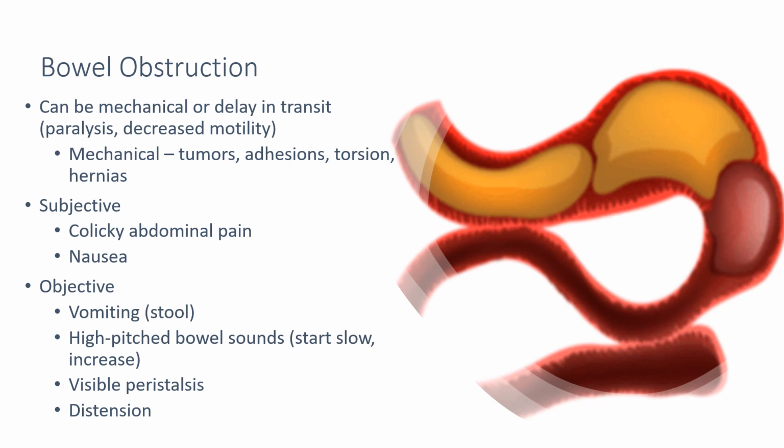Objectively, they'll have vomiting, and at some point, if the stool backs up into the stomach, they can actually vomit stool. It will start off with high-pitched bowel sounds that are slow but then increase, and as it progresses, they will have decreasing bowel sounds. You can sometimes have visible peristalsis and distension.